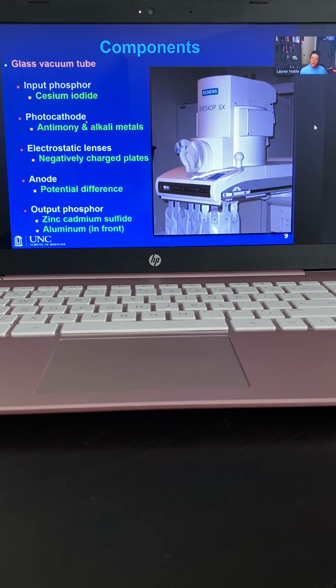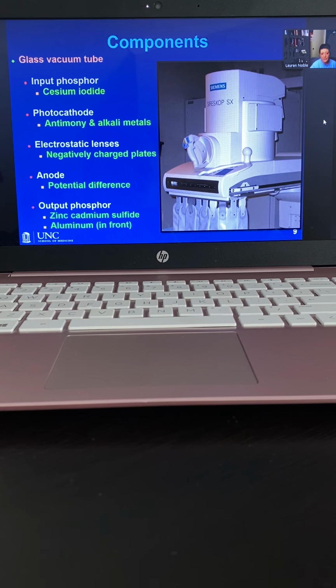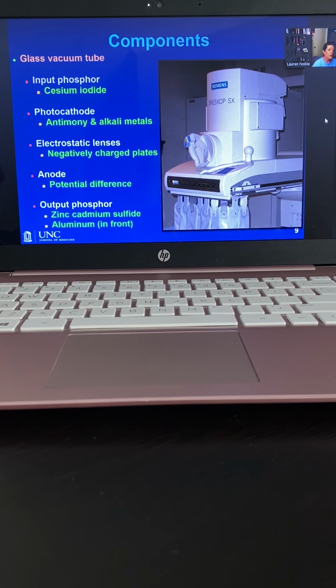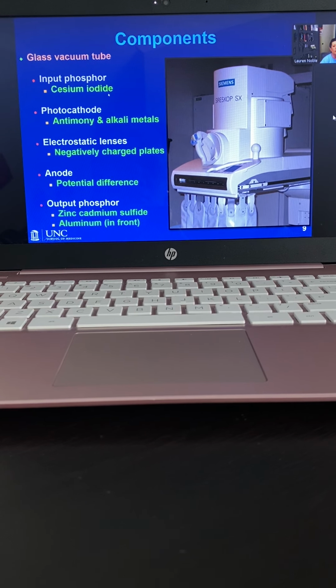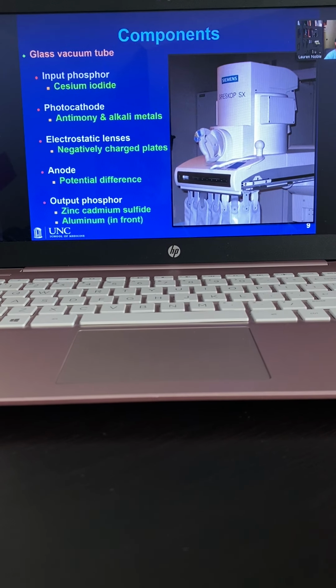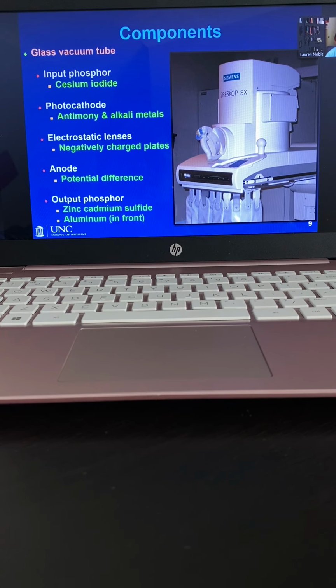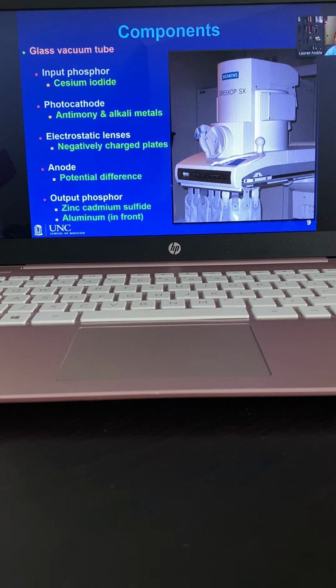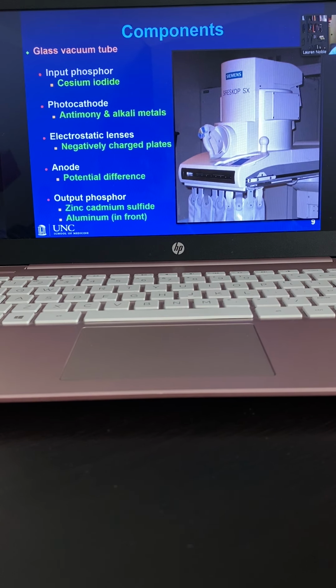All right, so now what we need to do is look at the components of the image intensifier. We're going to look at the input phosphor, the photocathode, electrostatic lenses, the anode end, and at the anode end, there is something that is referred to as the output phosphor. So these are the components that we're going to look at and talk about.